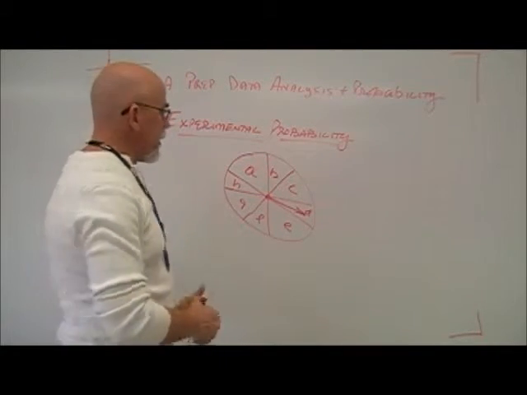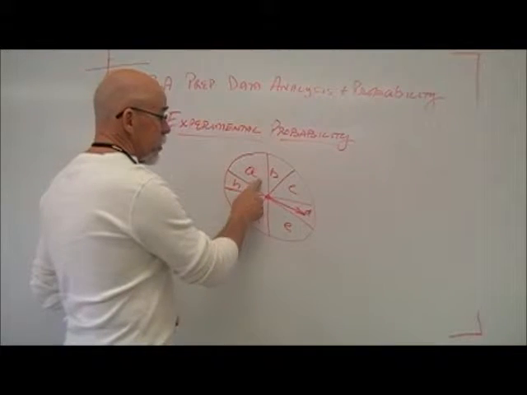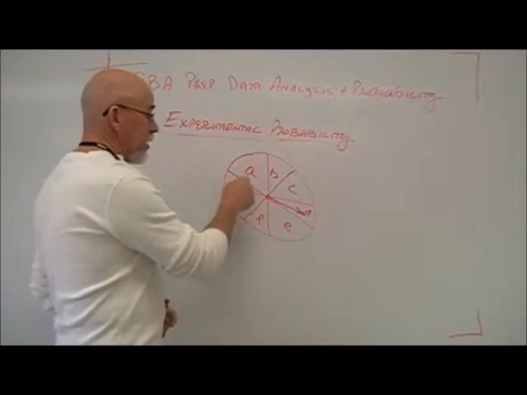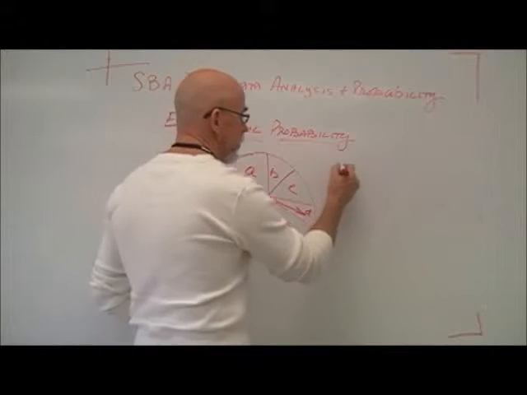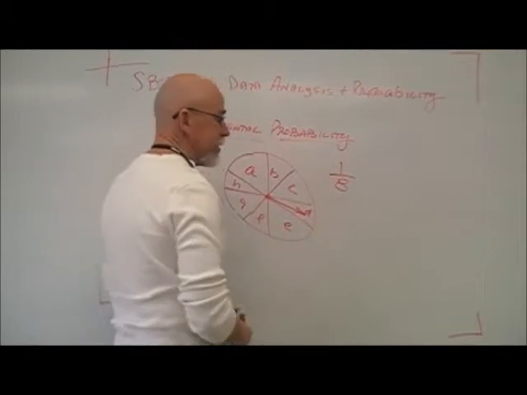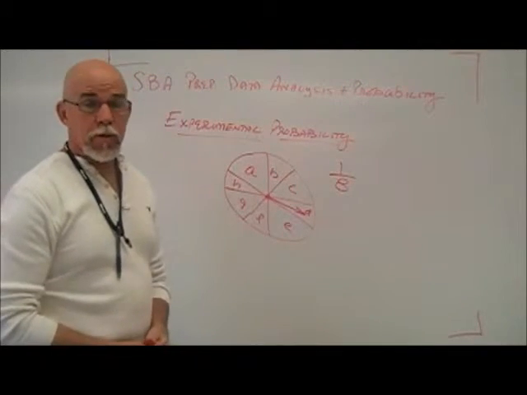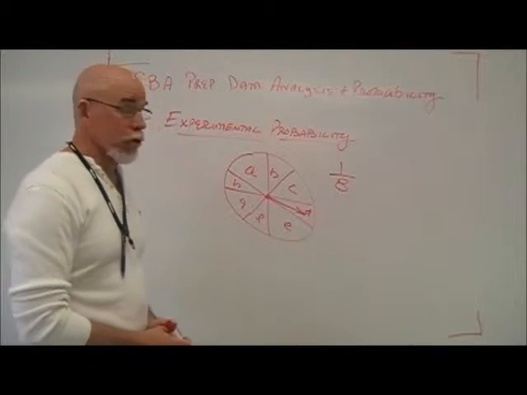What's the probability of stopping in A? Well, that's 1, 2, 3, 4, 5, 6, 7, 8. That's one of the 8 possible places it can stop. So that's the probability. Well, what's the probability of it stopping in A or C?